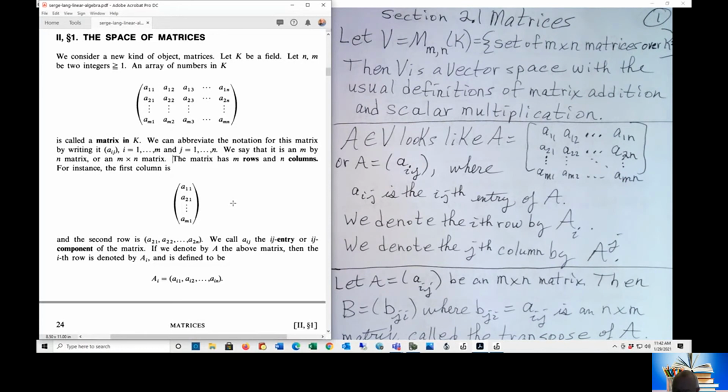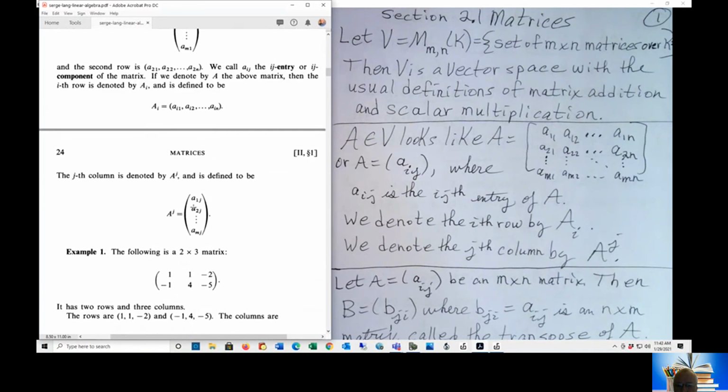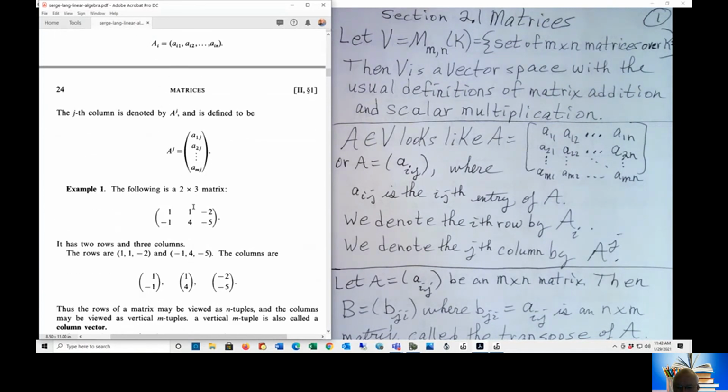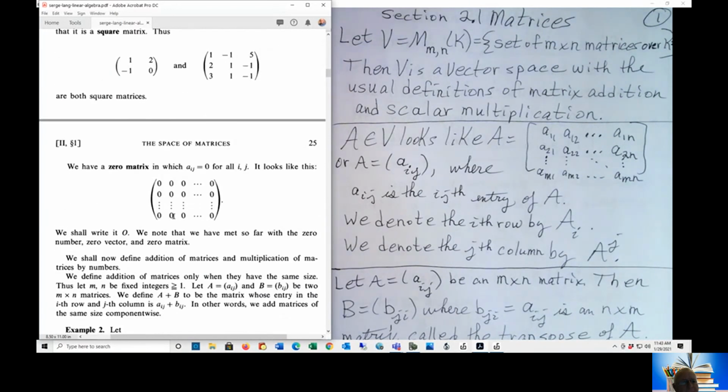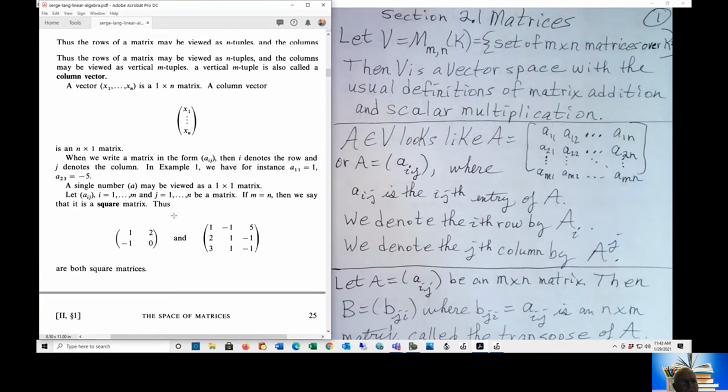A sub ij is the ijth entry of A. We denote the ith row of A by A sub i, and we denote the jth column of A by A superscript j.